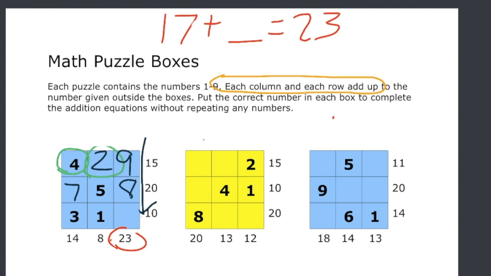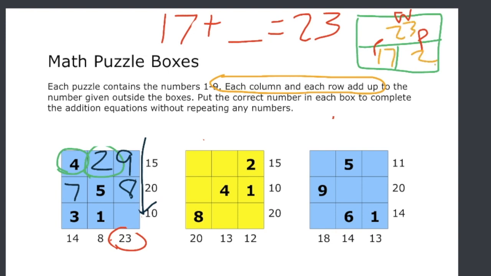When we have that, we do our whole part chart. So we know that 17 is one of our parts and that 23 is our whole, and we need to find the other part. So when we have our whole and our part, we subtract. So we have 23 minus 17.